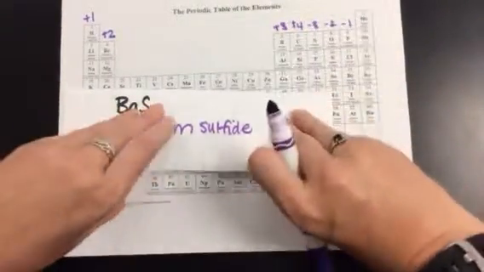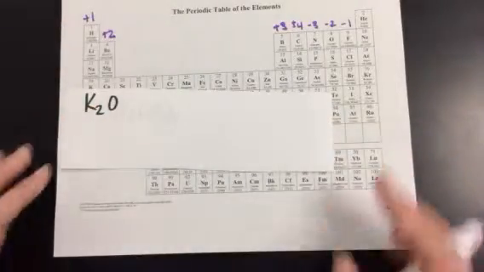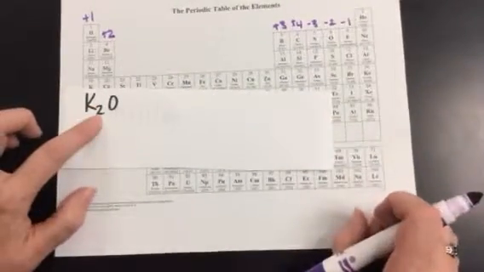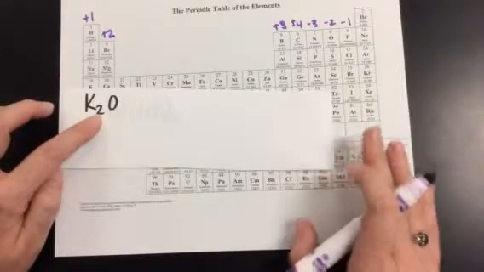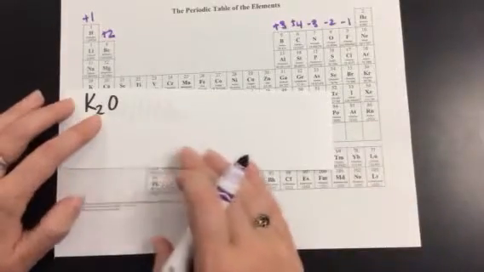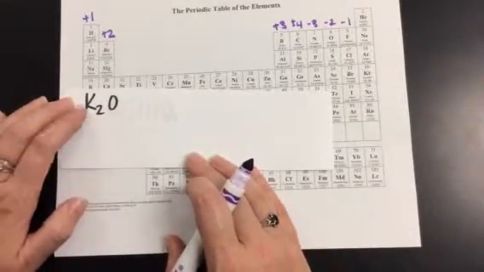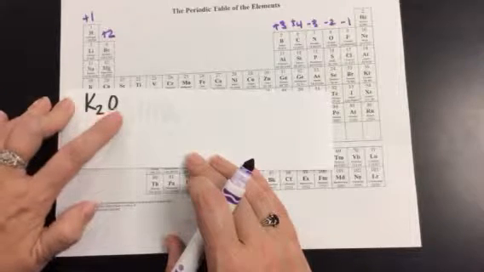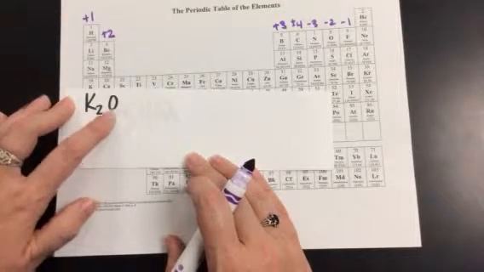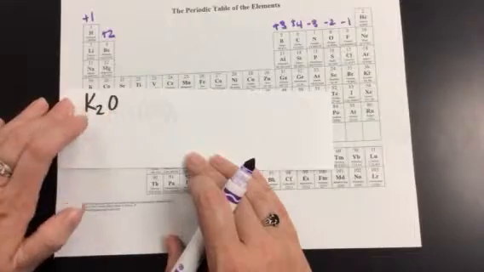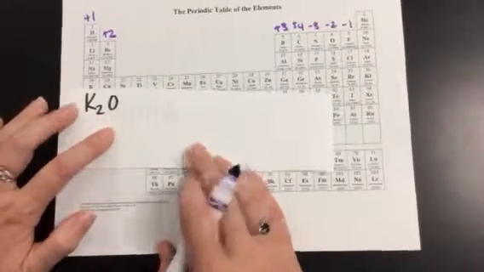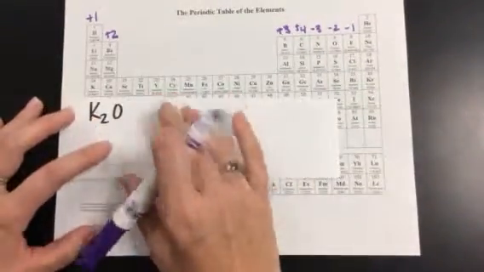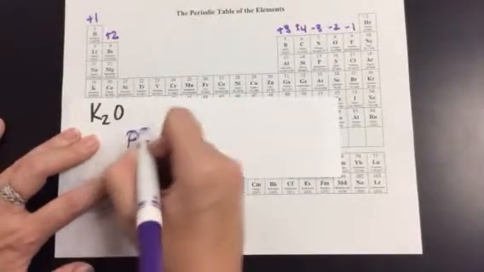Now if we do another example, this one has a number in it, that 2 right there. That number doesn't mean anything in the naming process other than the fact that we have 2 of these potassiums and just 1 oxygen. So we're not going to do anything with that 2. K is potassium, so you write down potassium.